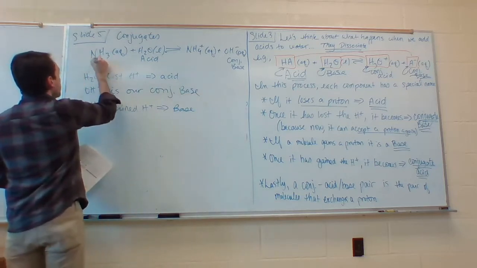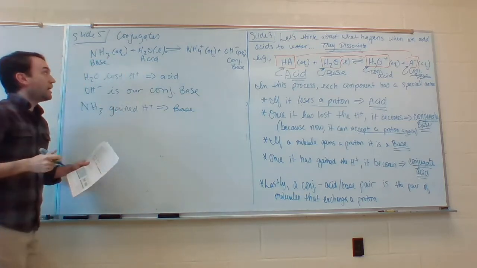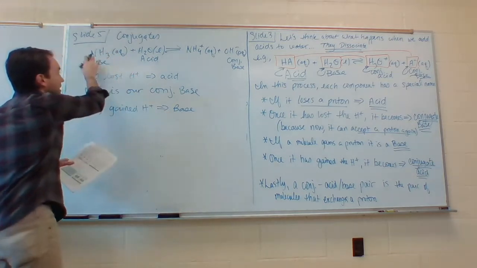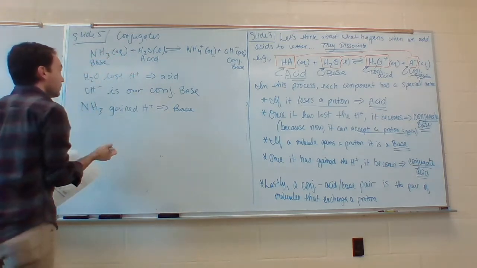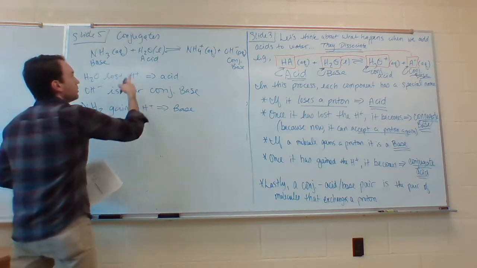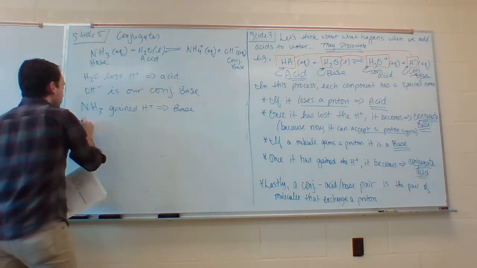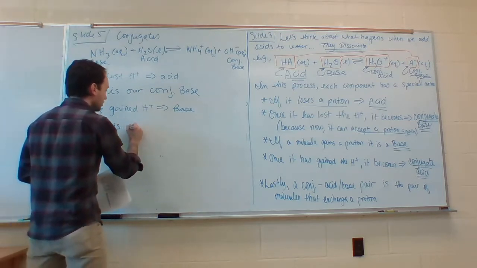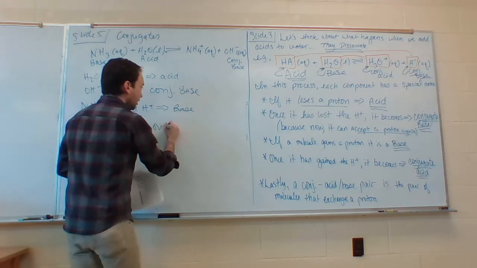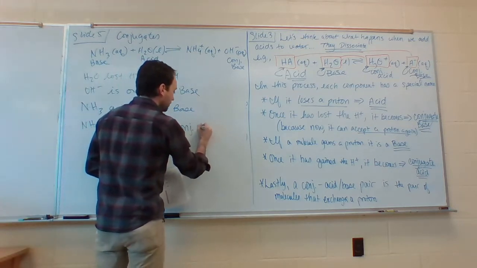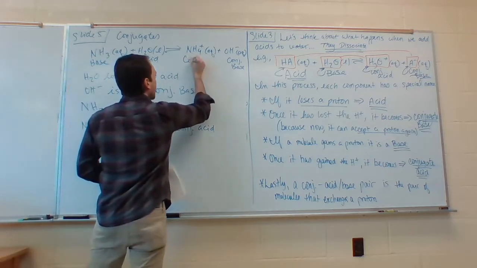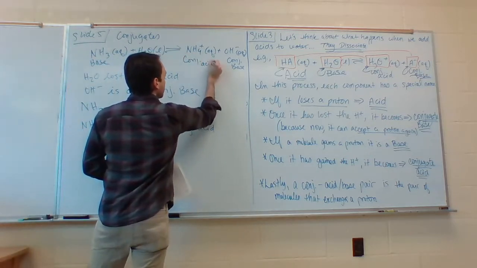So we know that our NH3 is a base, and since it gained an H plus, it is a Bronsted-Lowry type base. Also, once it gained the proton, NH4 plus is now our conjugate acid, because it has an extra proton.